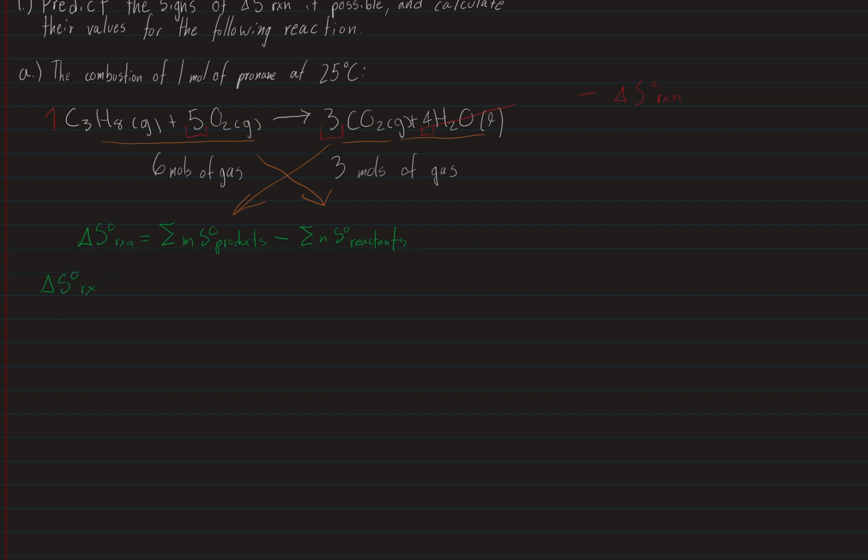So the change in entropy of the reaction is going to be equal to 3 moles of CO2, and then for the actual value of the entropy of, for example, CO2, that is a value that you can either find online or I'm going to use the one from the textbook.